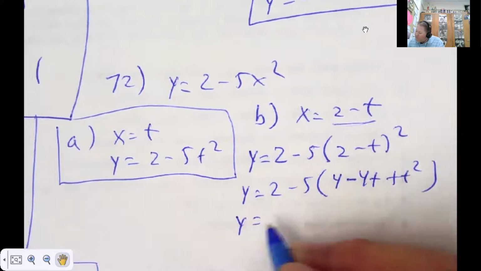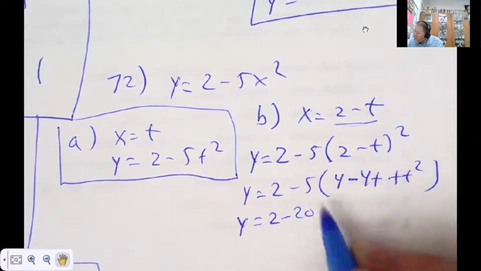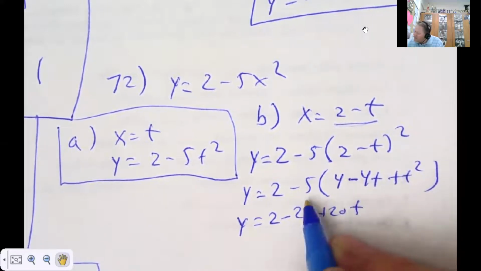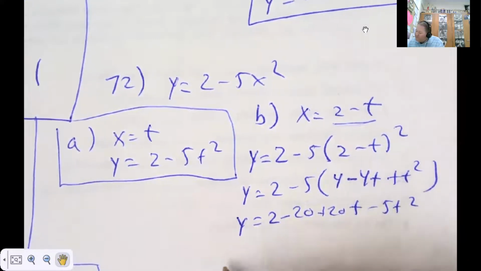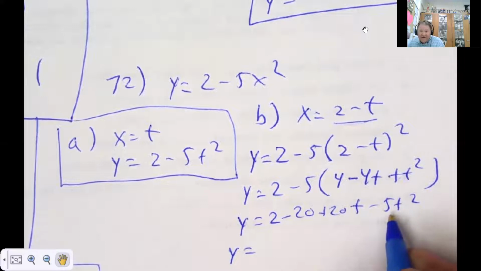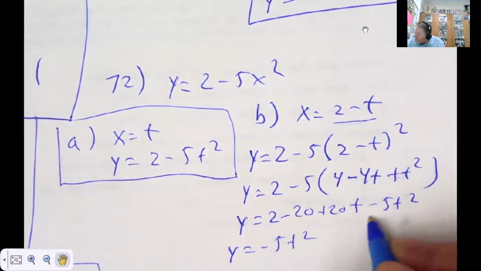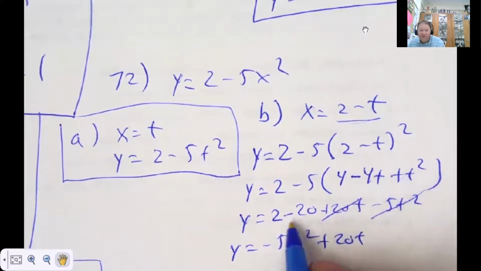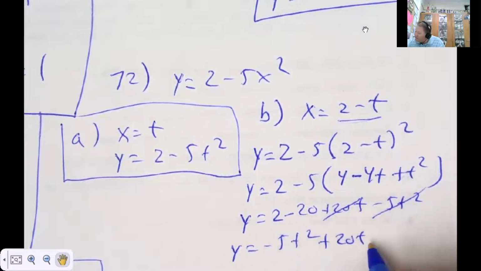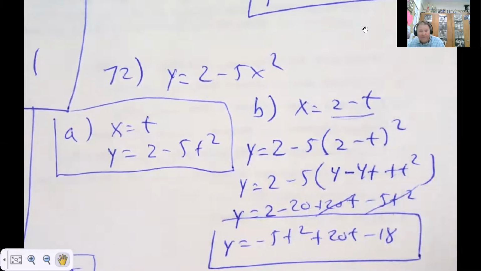It's going to be y equals 2, distribute the negative 5, it's going to be minus 20, plus 20t, and minus 5t squared. Writing it in standard form, which means descending order of exponents, will be negative 5t squared plus 20t. And then 2 minus 20 is negative 8. And there's that one.